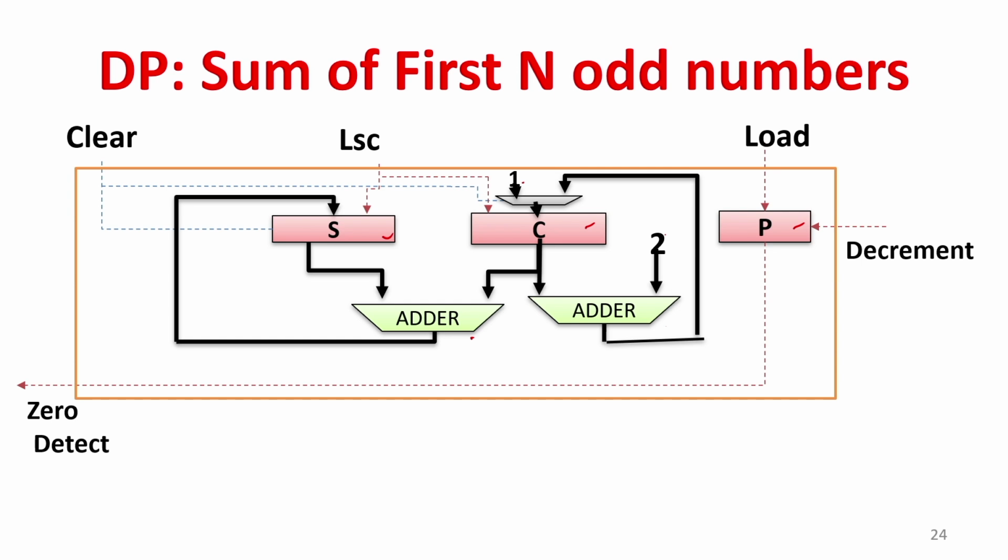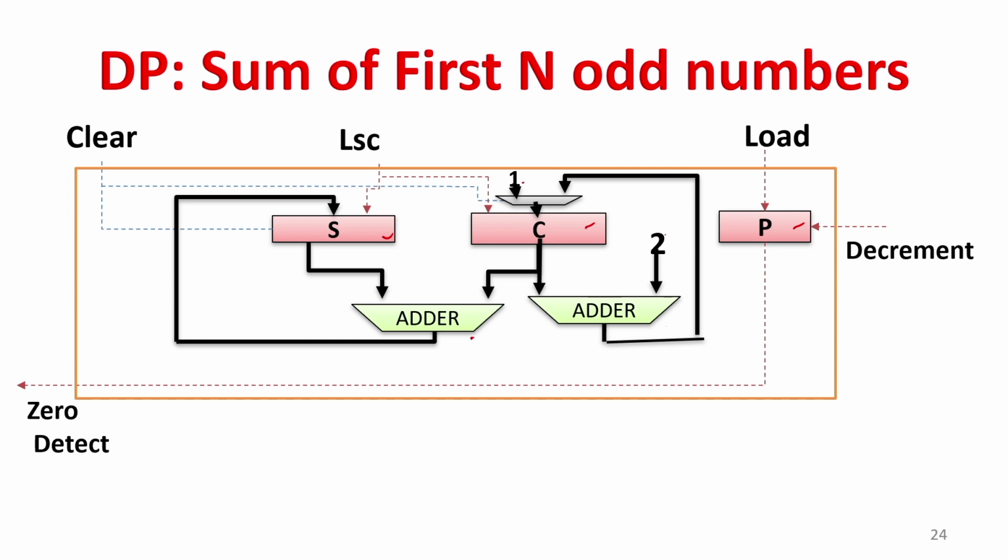Initially we are using two signals. One is the clear signal, which will clear both S and C to 0. Then LSC, what is LSC? LSC means load values to S and C. Clear means it makes it 0, and load means it will load particular values.